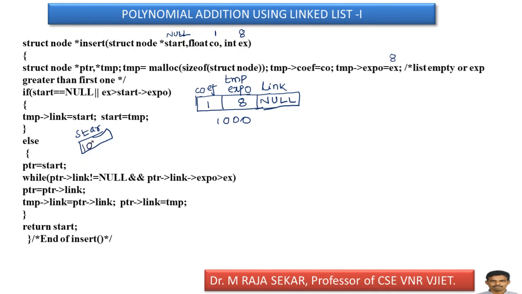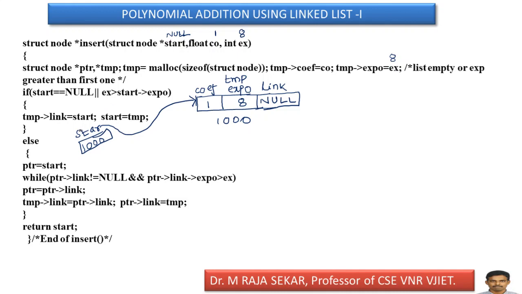Therefore, start equal to tmp means automatically it will point to a node whose address is 1000. After executing this if block, will you enter inside else? No, you cannot enter inside else. Now, where will you go? Return start. Return start means you will go back. What is your start value now? Start value is 1000.